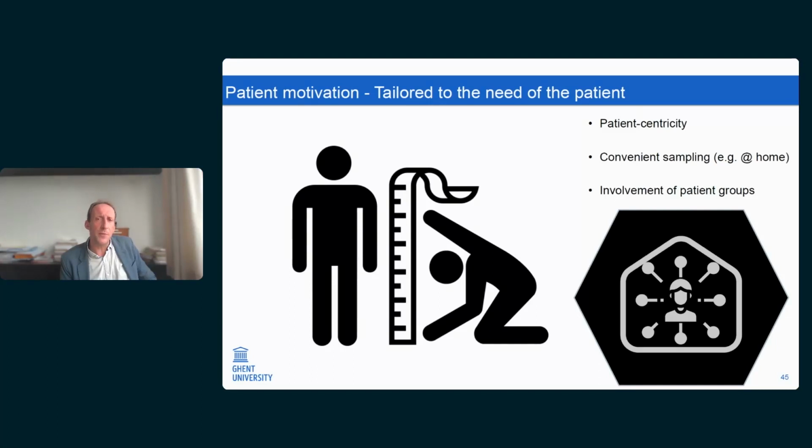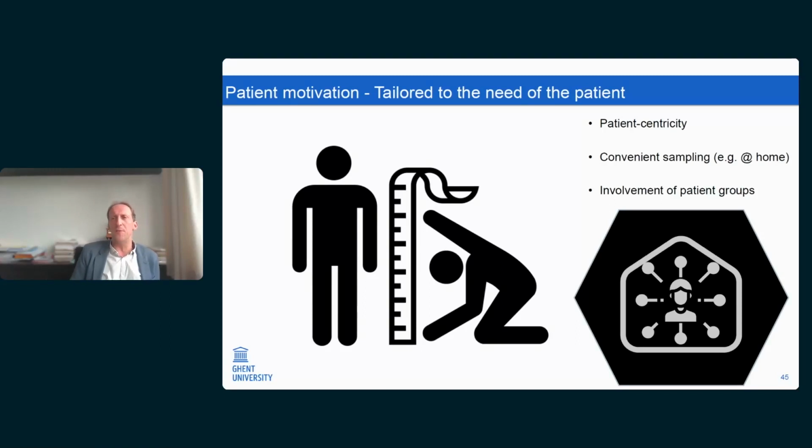So in other words, we should make sure that the patient is capable of giving us the right sample. And there are several new developments that allow the sample to be collected in a really convenient manner in the home environment. And important, it's not just that we should define what the patient should do.